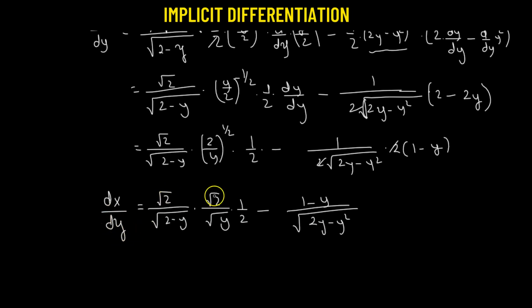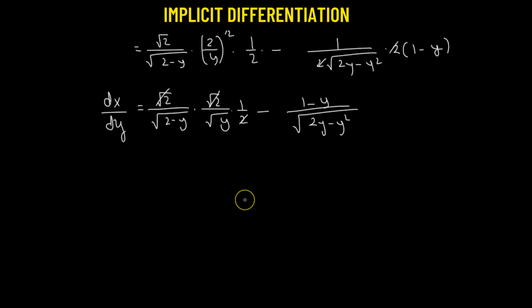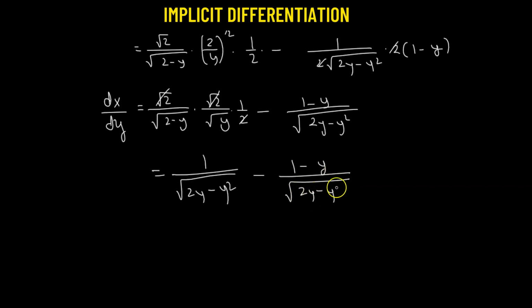So square root of 2 times square root of 2 is 2, and we also have a 2 in the denominator, so they all get factored out, and this leaves us with 1 over, we'll multiply square root of y with square root of 2 minus y to get 2y minus y squared, minus 1 minus y divided by square root of 2y minus y squared. So this is the derivative of x with respect to y.